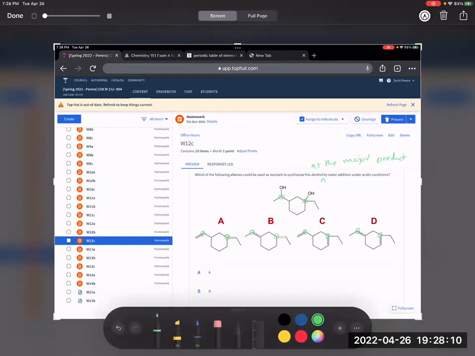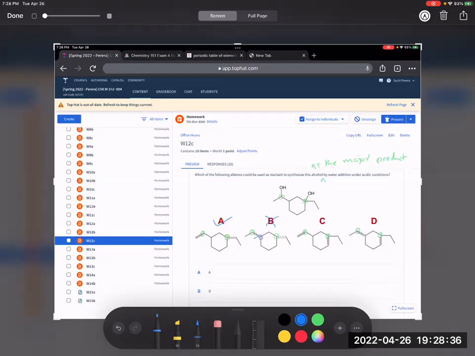For the major product, this first one is fine, because it's going to be the most substituted carbon bearing the positive charge. B would not work because the major product of this double bond would be over here, not there.